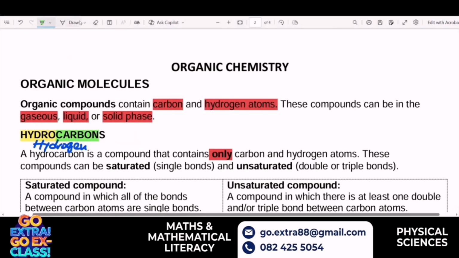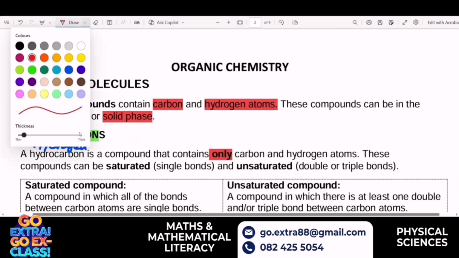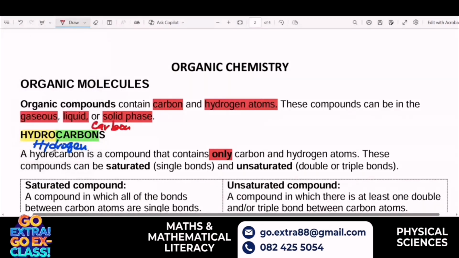So hydrocarbon is a joint word of hydrogen and carbon. Basically, hydrocarbons are a group of compounds made up of only carbon and hydrogen atoms.